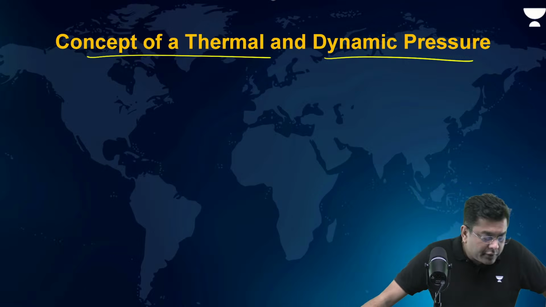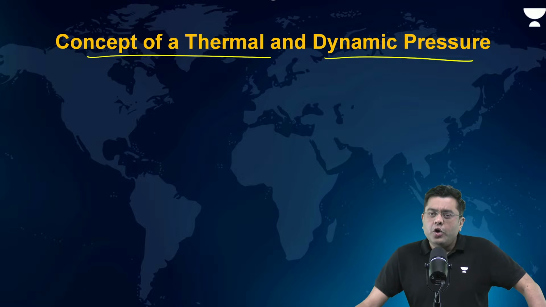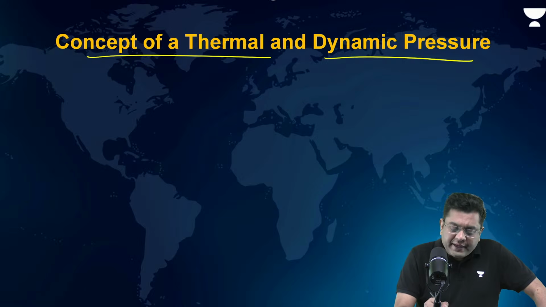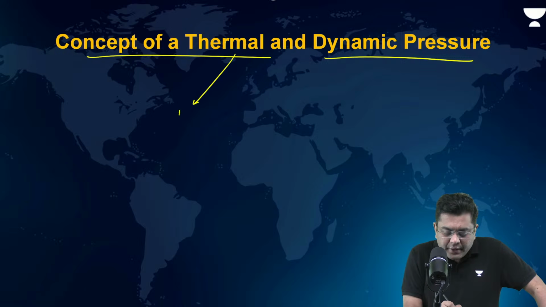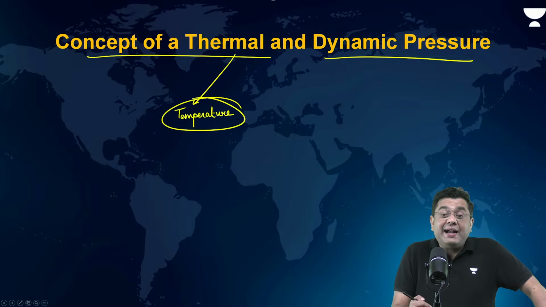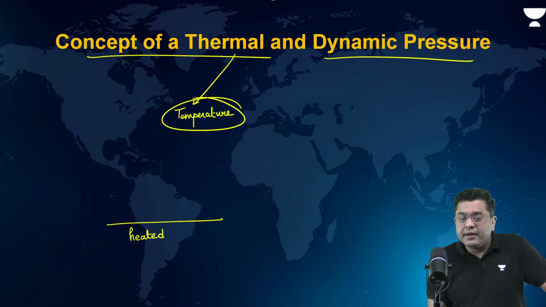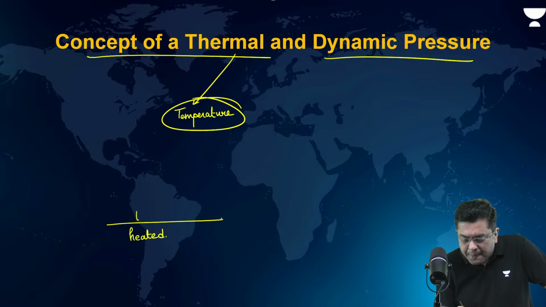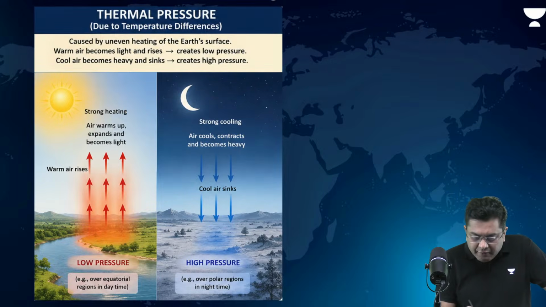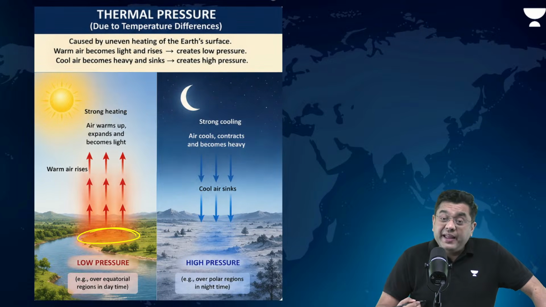That can happen because of multiple reasons. One can be the case of temperature. Temperature means that, let's suppose a land is heated. When the land is heated, the air will warm up, isn't it? When the air warms up, it becomes lighter.